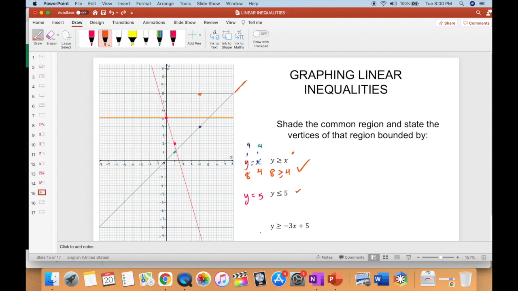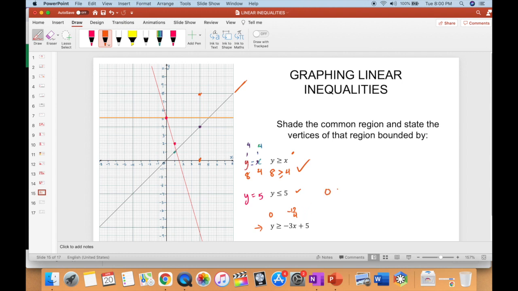So now let's choose this line and see. That's the red line coming on this side here. Which side do we shade there? Well, let's choose a point on this side first. How about we choose 0 on the y and 4 on the x, right? 4 times negative 3 is negative 12, plus 5, that is negative 7, right?